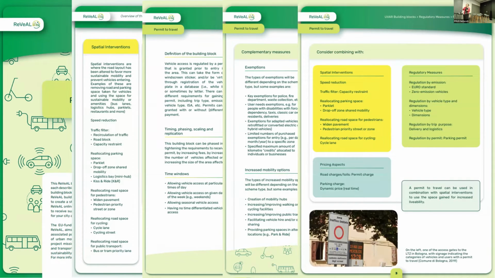And the last part is, I keep saying last, but there's more coming. This is the combinations. So what you can see with the spatial interventions there are speed reduction, traffic filter, capacity restraint, reallocating parking space. These are all building blocks that, again, with our examination of the previous cases and the work that we've done within the project, we would say, this is something that you might consider pairing this building block with.